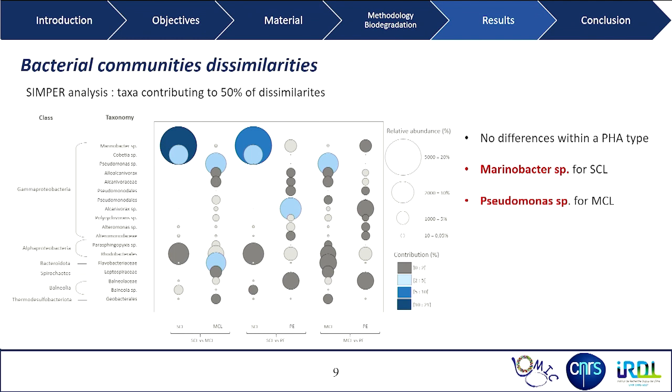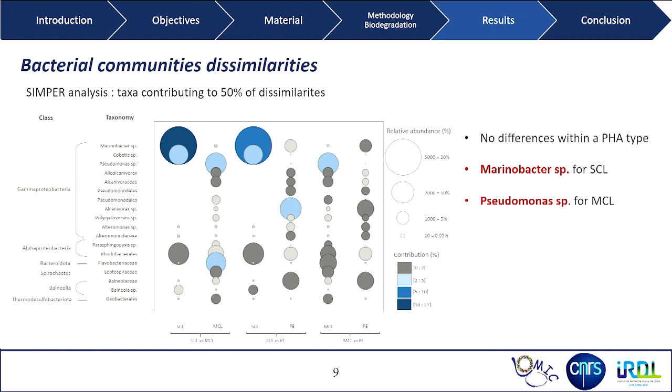Here, the size of the circle represents the relative abundance, and the color represents the contribution percentage from each taxon. What we saw on short chain, compared to medium chain but also compared to polyethylene, is that Marinobacter species are highly abundant on this polymer and highly contributive, about 20%.